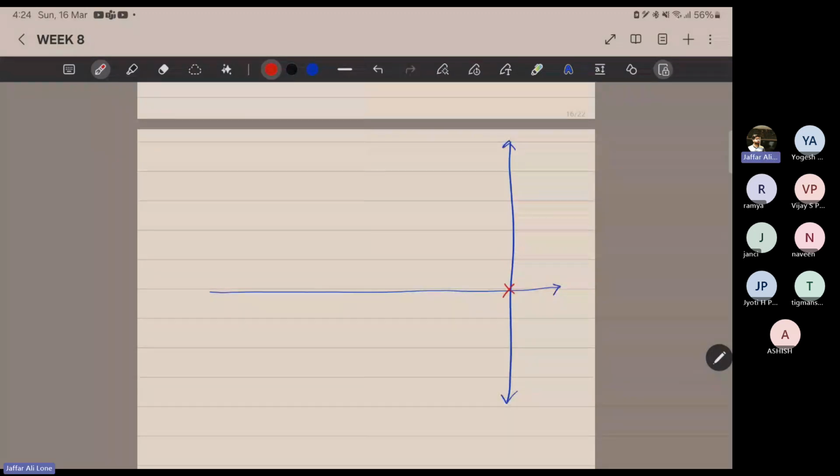My one pole is here, at 0, and my another pole is at, sorry, it's at 2. So it's 0 and minus 2. What will be my root locus? My centroid is at minus 1. So my root locus will be something like this.